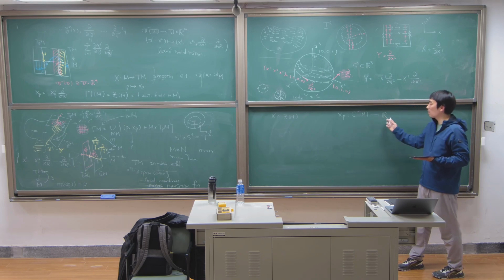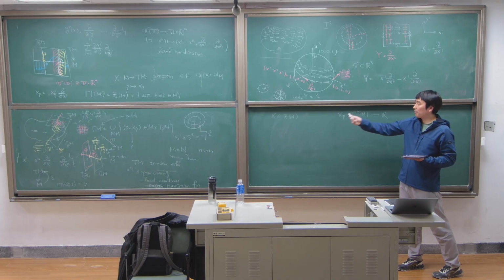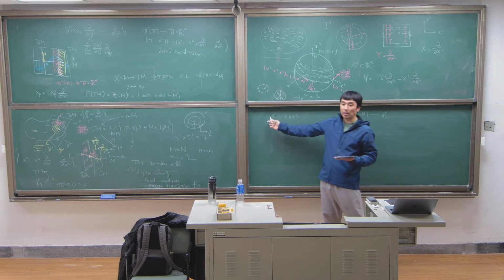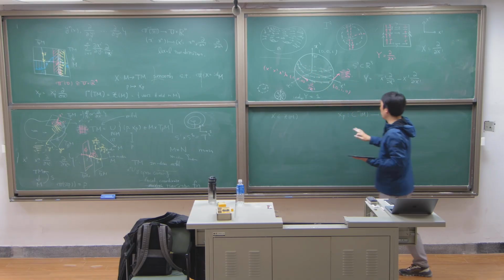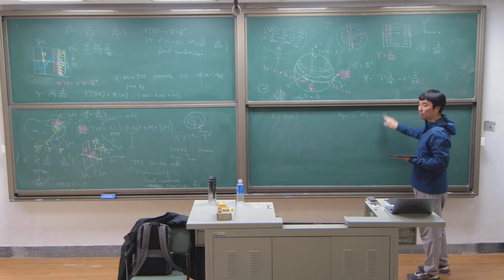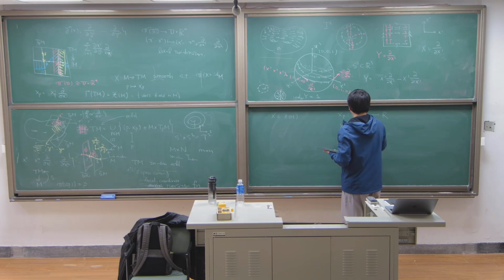You assign a function to a number. But if you vary this P, the vector field is just that you need to vary this P along the manifold. So therefore, if you vary P, the number is also varied.